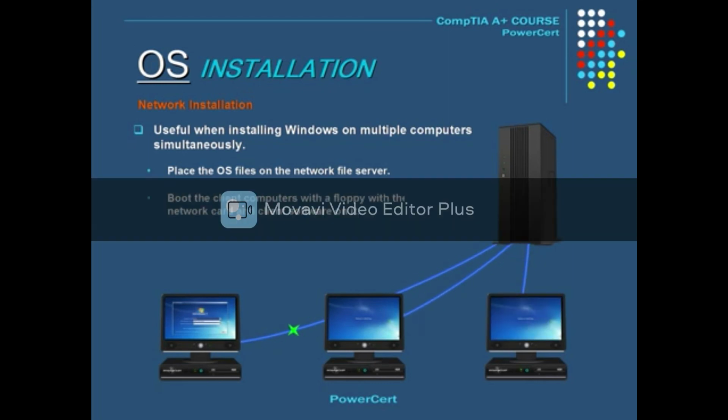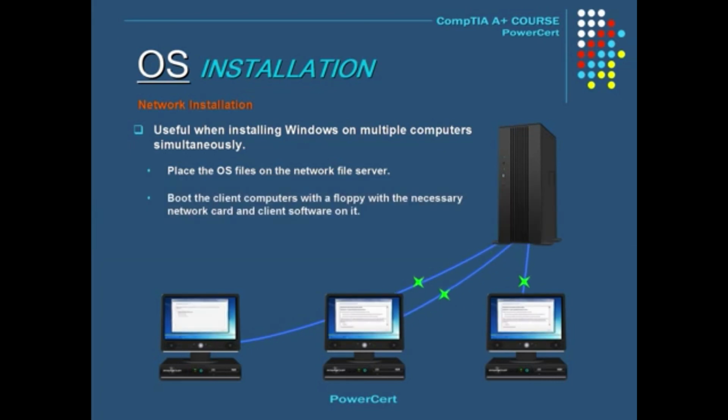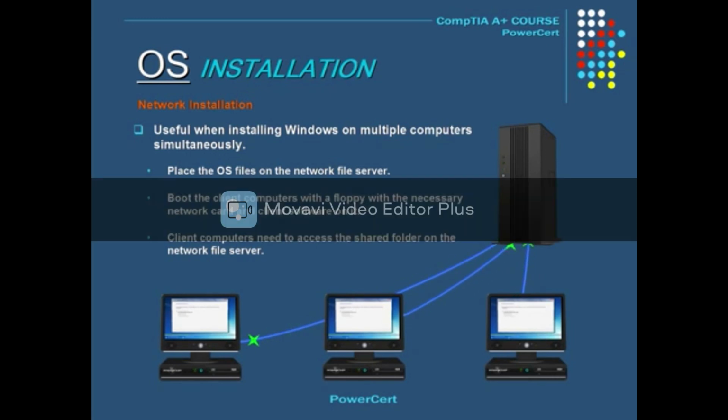Then you need to boot the client computers with a floppy disk or flash drive that has the necessary network card and client software on it. Then when prompted, you need the client computers to access the shared folder on the network file server. Then the installation will start. Once again, this is a very convenient way if you are installing the operating system on multiple computers at the same time.